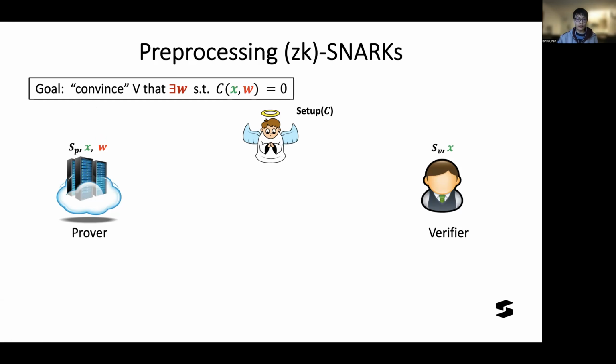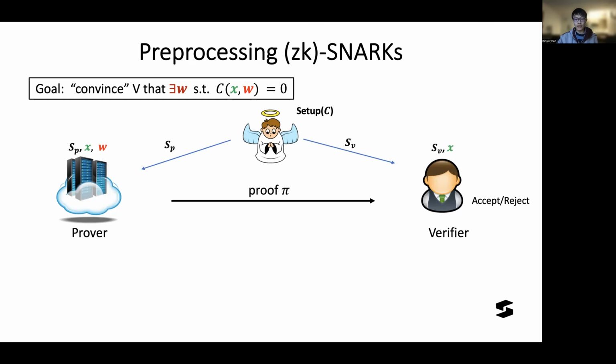It consists of three algorithms. In the setup phase, the preprocessor will take as input the circuit and output some public parameters. Then the prover, given the parameters and an online witness to the circuit, will generate the proof and send it to the verifier. And the verifier, after receiving the proof, will check it and output accept or reject.